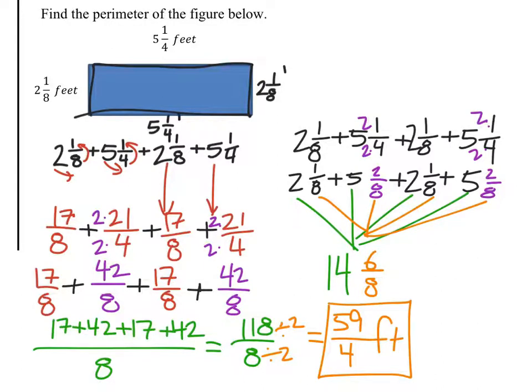So we'd have 6 eighths right there, which we know is simplifiable. So I'm not going to label this yet, because I know my final answer is going to look a little different. It'll still be 14, all right, but the 6 and the 8 are both divisible by 2, which makes this 14 and 3/4 feet.